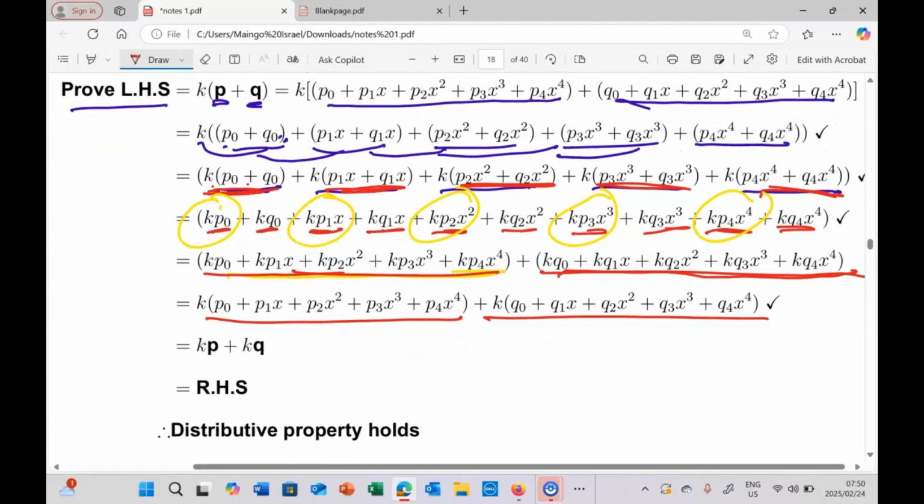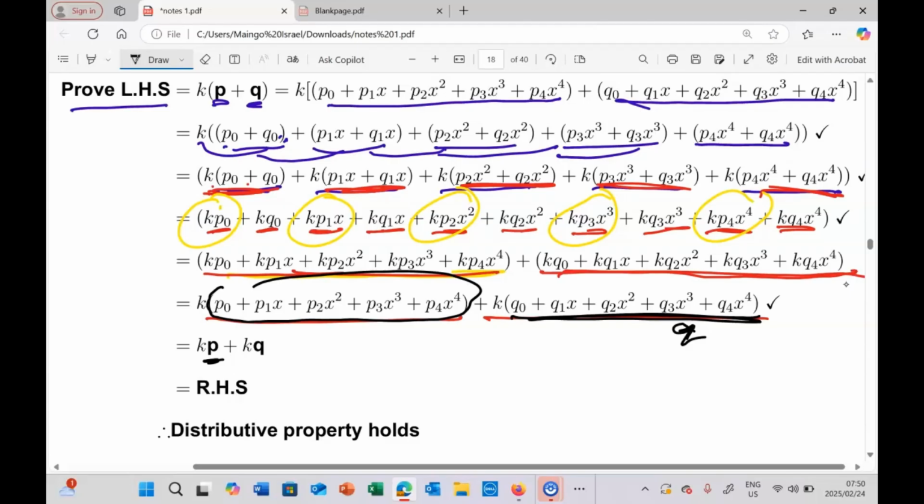Then what is this? This is a polynomial p. This is k times p. Then what is that? That is q.